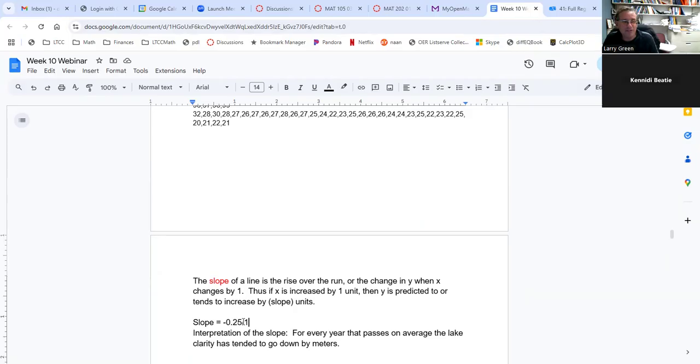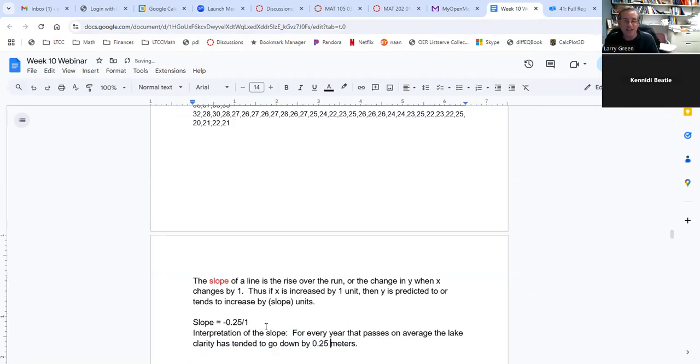The denominator is the change in x, which is a change in years. So 1 means 1 year has passed. Negative 0.25 means the clarity has gone down by 0.25 meters. So the way we can interpret this is for every year that passes, on average, the lake clarity has tended to go down by 0.25 meters.